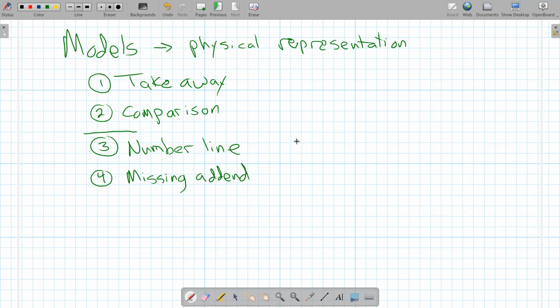So the number line model is pretty straightforward. Normally on a number line, a number is a distance to the right.